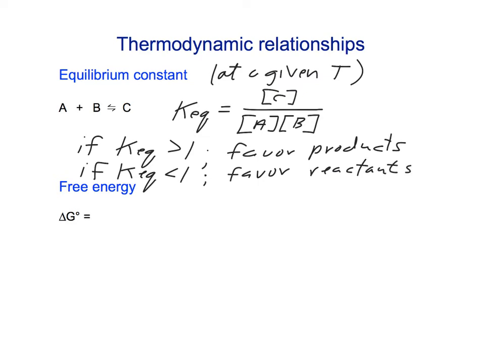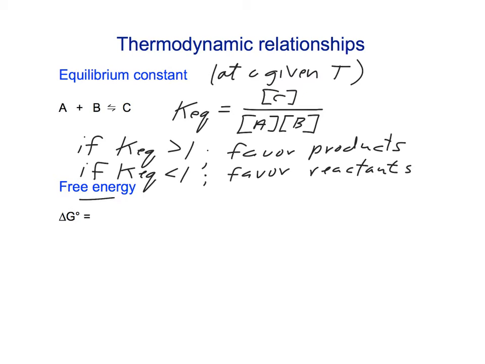Remember that we could start with any concentrations of A, B, and C, and that reaction will proceed to a point where the equilibrium constant is met by various concentrations of A, B, and C. So where does the equilibrium constant come from? All right, so it comes from the free energy.